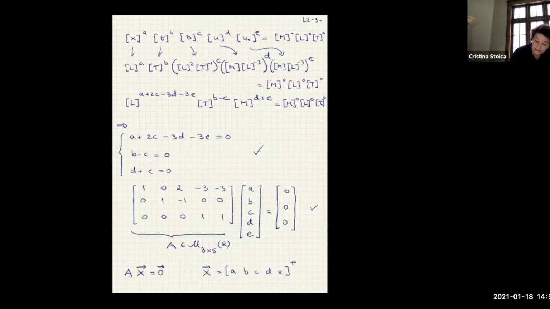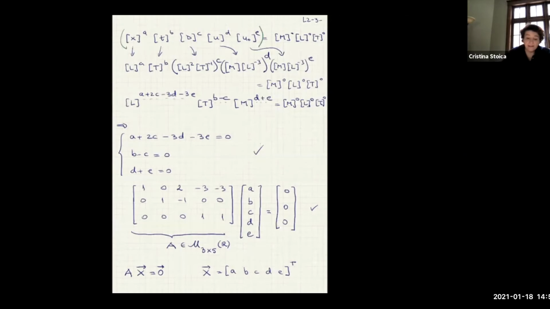I am collecting the powers that they show up at, right? And then I'm saying all these powers have to be 0. Okay, so I end up with a linear system. Now, any solution of this linear system will make this combination up here have the powers of the fundamental units show up at power 0.